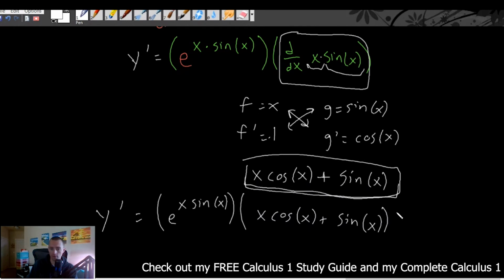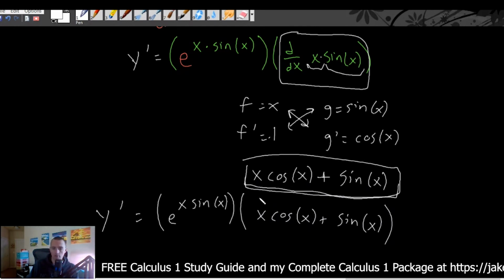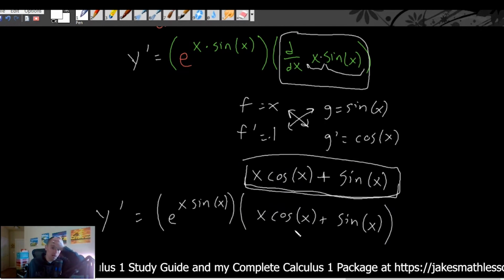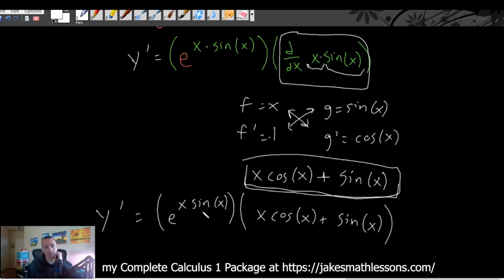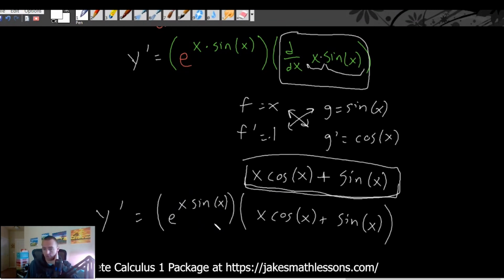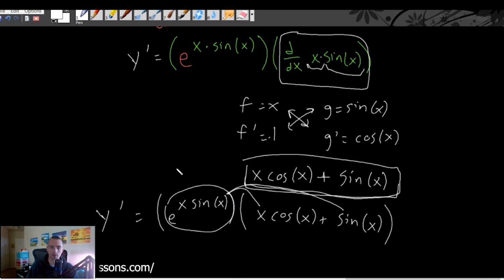And do be very careful. I do want to point out one thing here. You do need to make sure that this whole thing, everything within the box here, everything within these parentheses here, needs to be all in parentheses, because this e to the x sine x would then, if you were to continue from here or actually have to use this somehow, this whole thing would need to distribute to both of the pieces within the parentheses here.